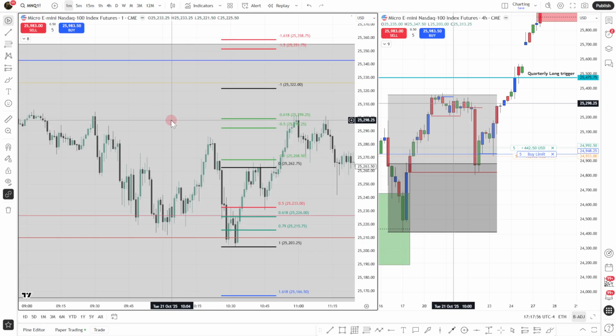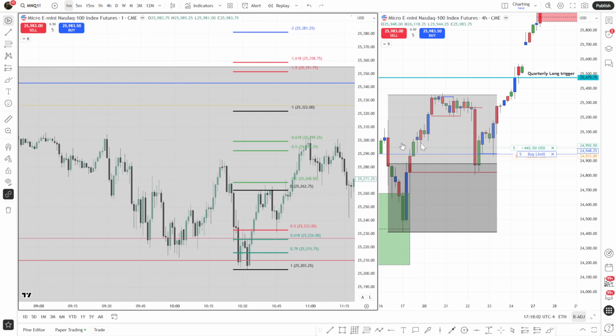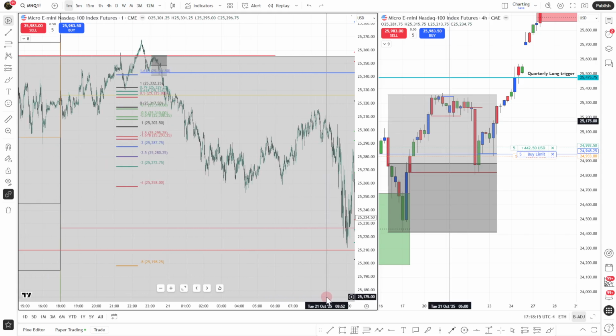And so we're in a compressed area right here, price action is not really breaking out anywhere, so I'm expecting it to stay ranged. ATR levels are just average true range.